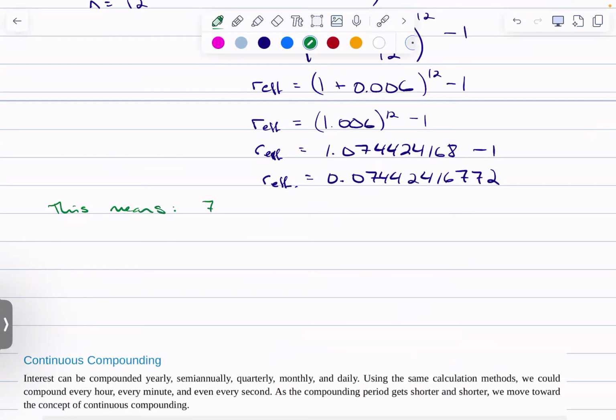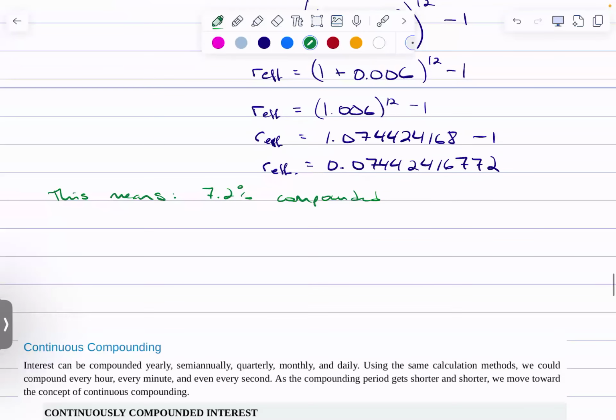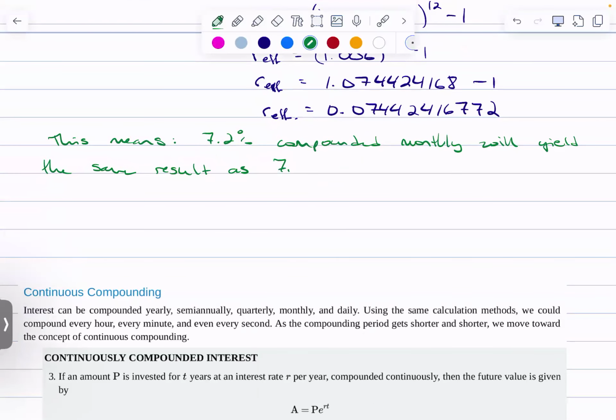This means 7.2% compounded monthly will yield the same results as 7.44% compounded annually.